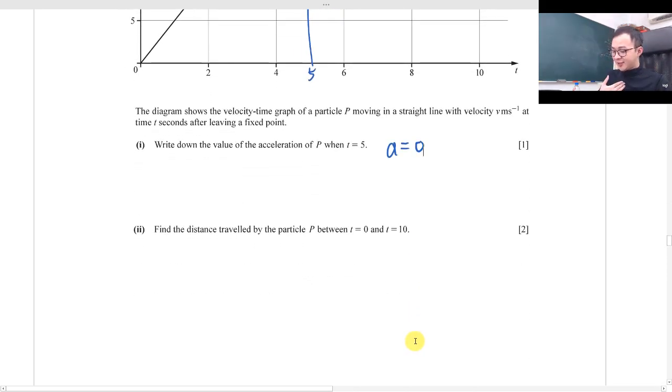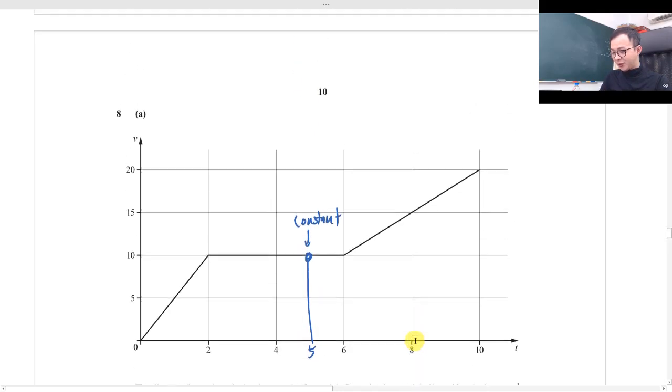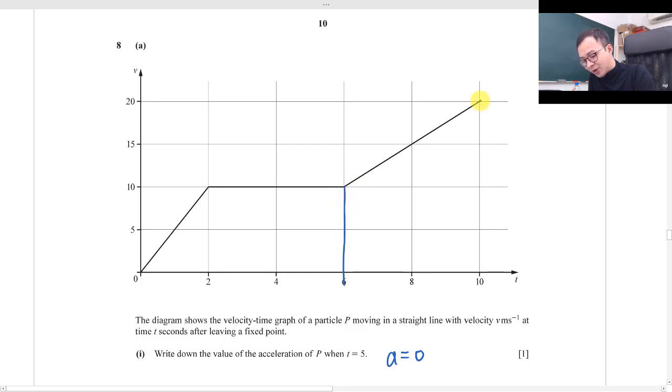Find the distance traveled by the particle from 0 to 10. For a velocity-time graph, you should know distance basically means area. So I will need to find the area here. I can see I have 2 trapeziums, which seems quite easy. The first trapezium is half times (6 plus 4) multiplied by 10, which is 50.